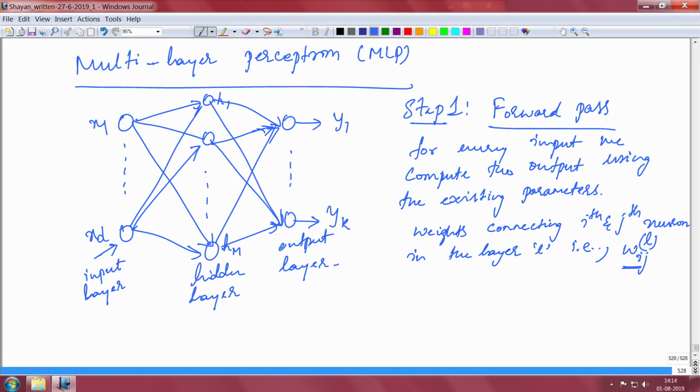The actual learning happens in the second step, which is the backward pass. So, now we will look at the backward pass.